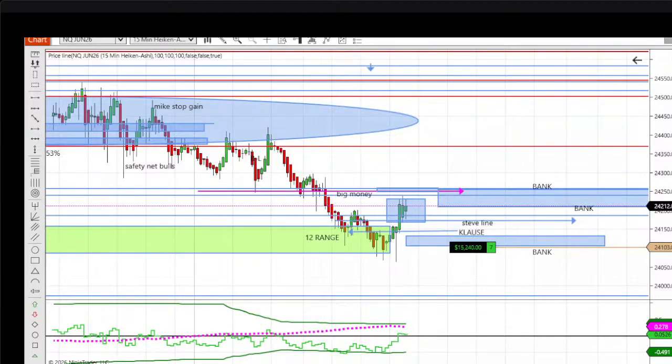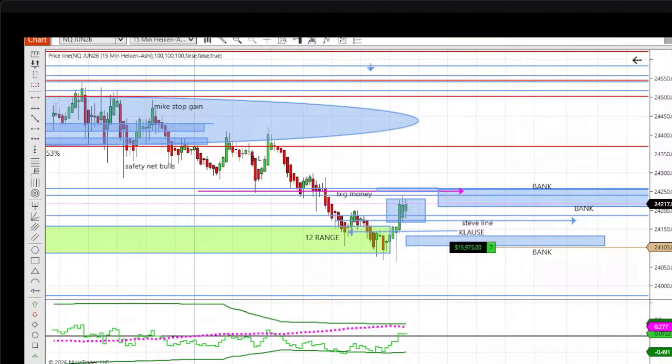See, the problem is the body of the candle in the 12-minute is not moving. It's not moving at all. It's stuck. The wick keeps going up, but the body doesn't go anywhere. The body on the 12 minutes, like the 198, is barely moving.